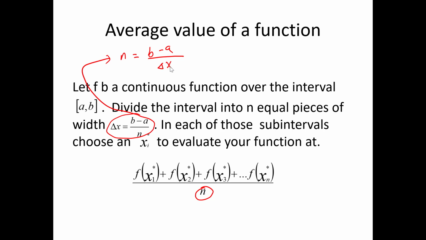And so then if we go and replace the n with b minus a divided by delta x, then multiplying the numerator and denominator of this fraction by delta x, the delta x's will go away.